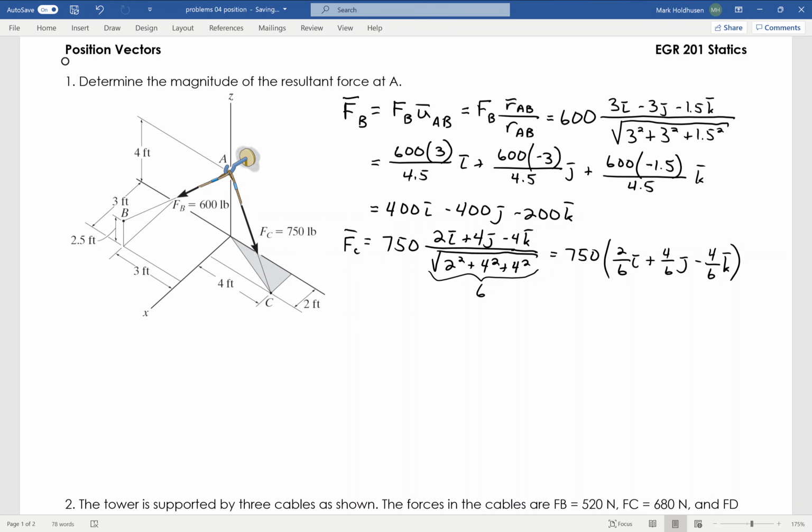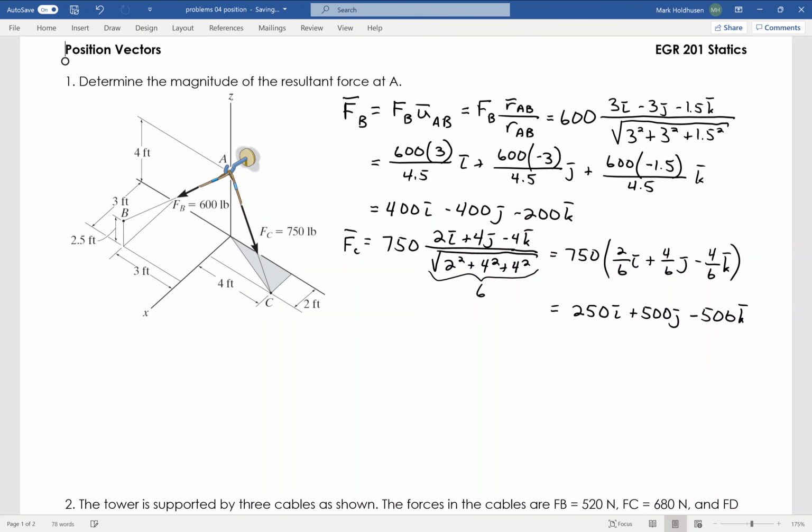So it's 750 by 1/3, 750 by 2/3, 750 by negative 2/3, which gives me 250i plus 500j minus 500k. So now I've got those two forces written in Cartesian form.